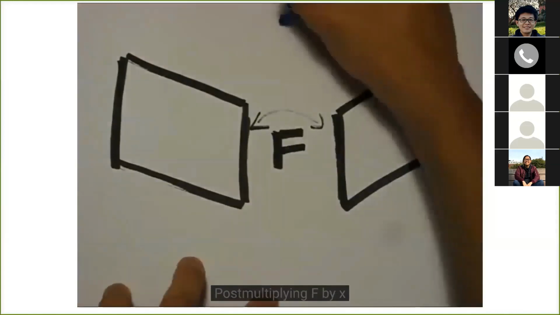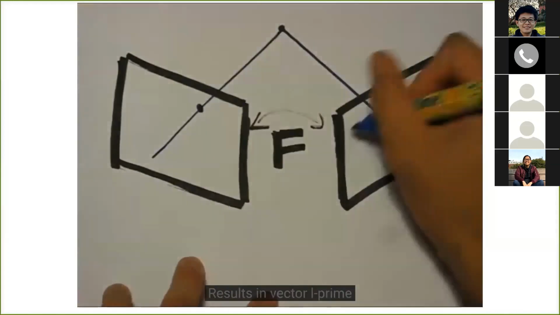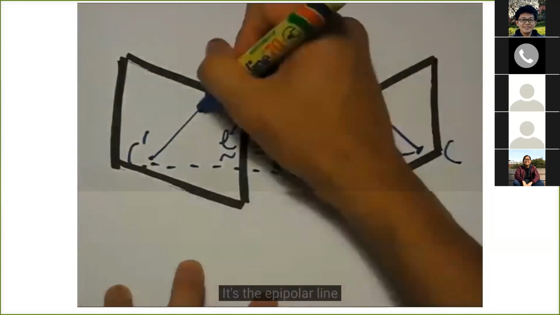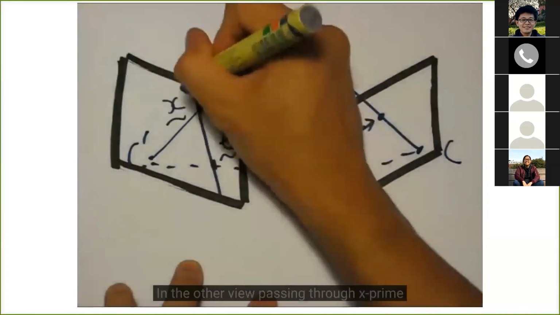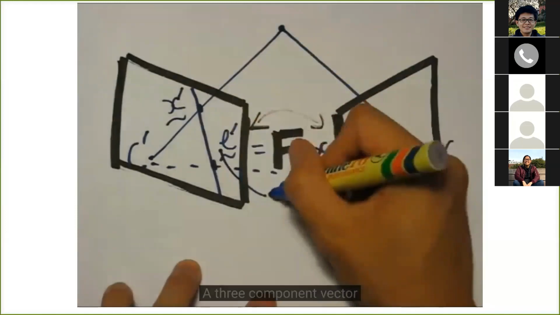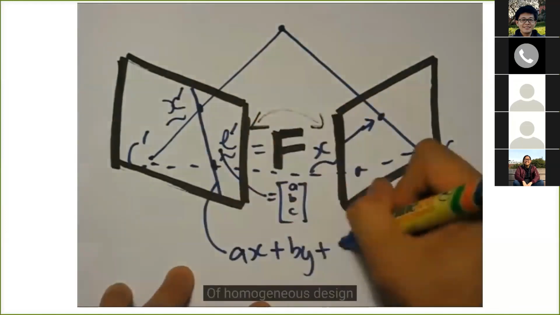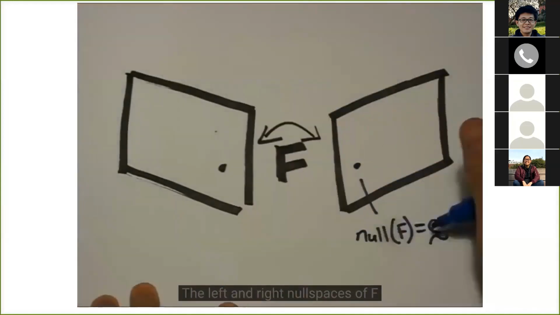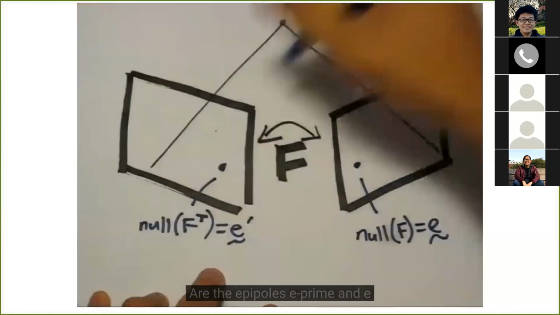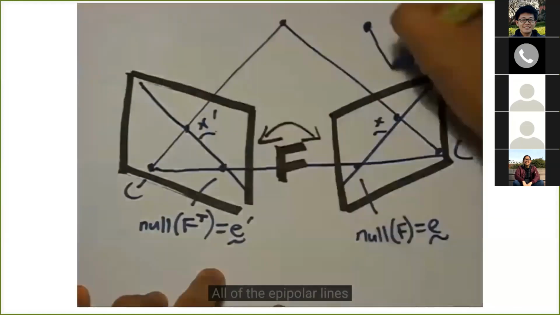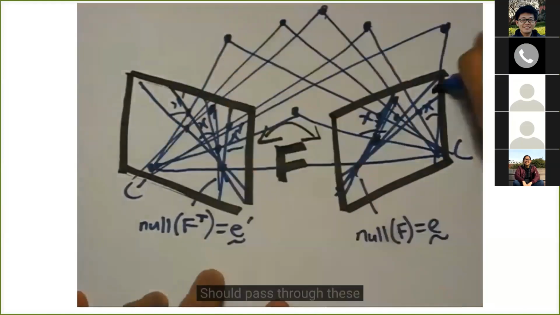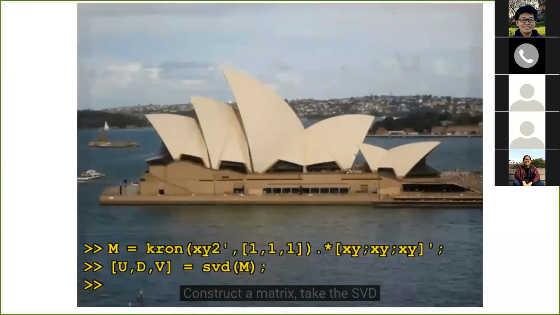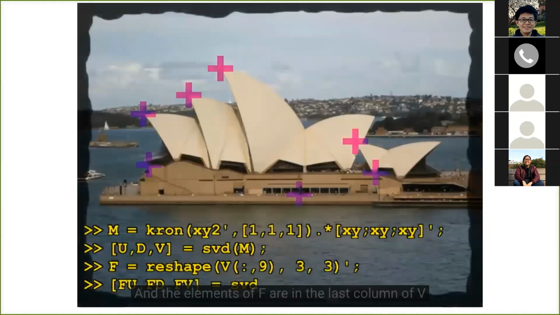Post multiplying F by x results in vector l prime. It's the epipolar line, the other passing through x prime. The 3-component vector of homogeneous design. The left and right null spaces of F are the epipoles e prime and e. All of the epipolar lines should pass through these. Here's a linear spatial example. Take a set of 8-point samples. Construct a matrix, take the SVD and the elements of F from the last column of V.